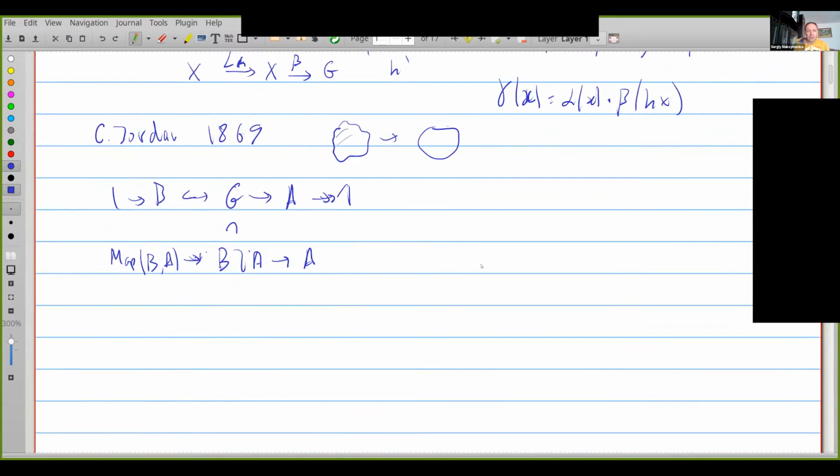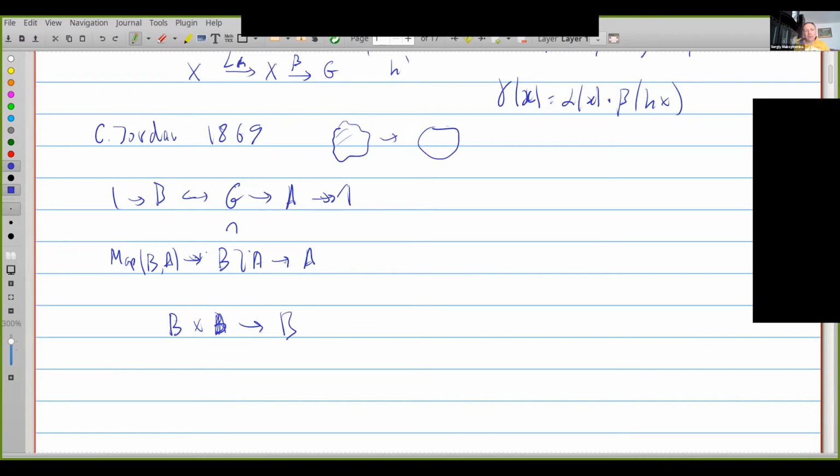Now, another thing, and let me define what the wreath product of two groups is, just two groups. If I have a group B and a group H, then B acts on itself by multiplication, by left shifts.